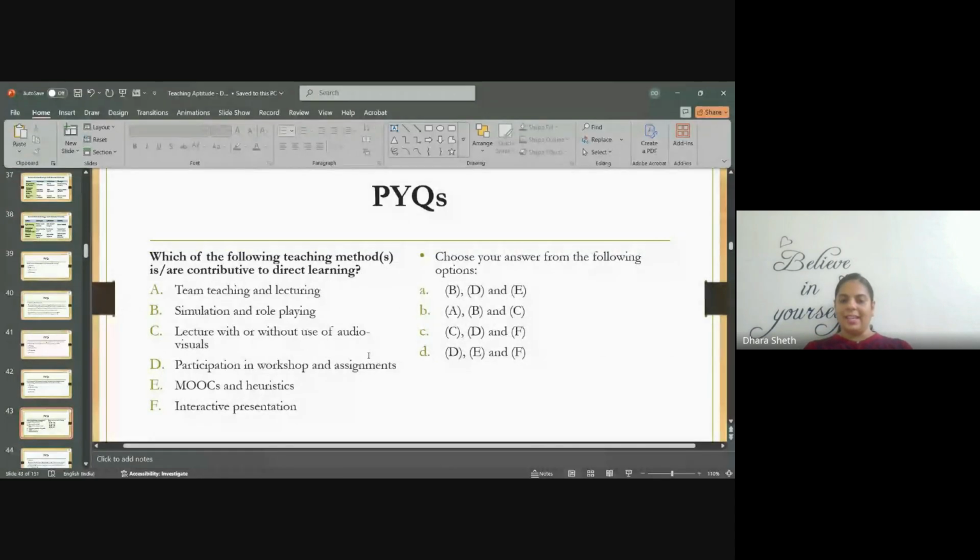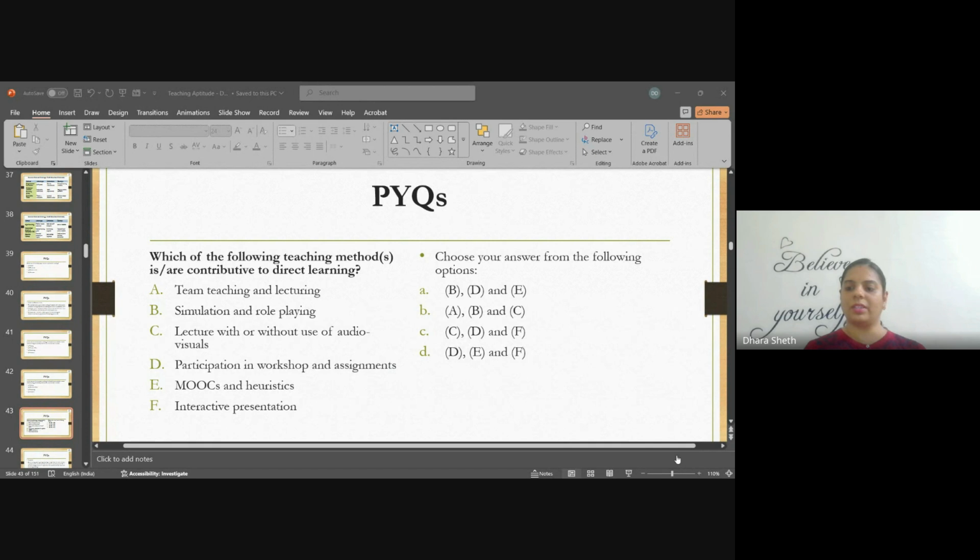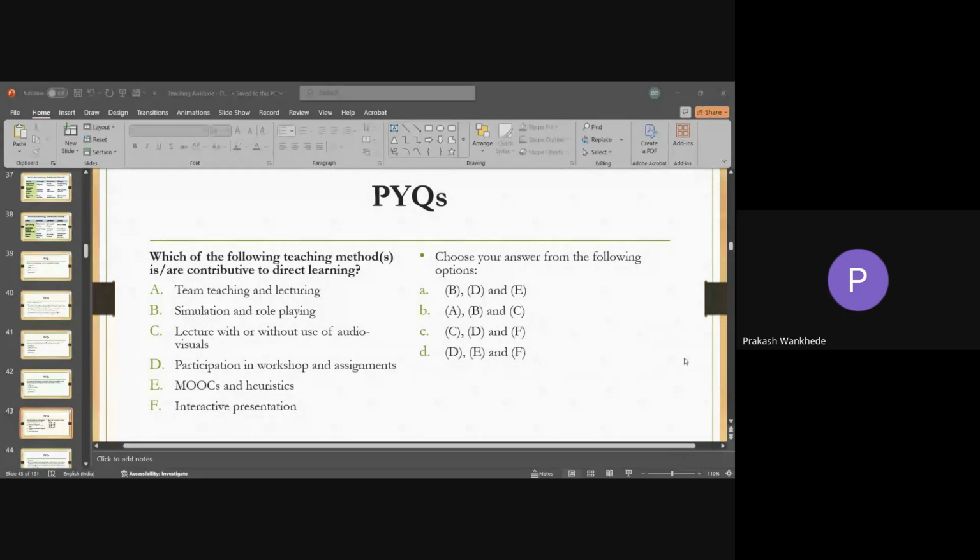Team teaching and lecturing, simulation and role playing, lecture with or without use of audio visuals, participation in workshop and assignments, MOOCs and heuristics, and interactive presentations. So which of these would be direct learning? Please write your answers in the chat box.